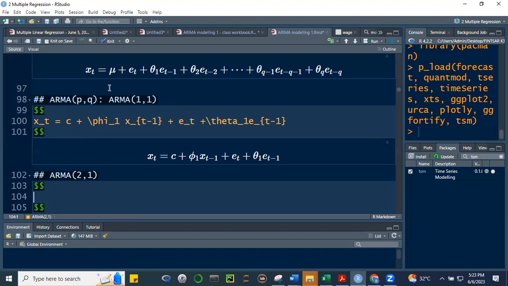Anyone, please? A volunteer. Jericho, would you like to volunteer? How will an ARIMA(2,1) process look like?